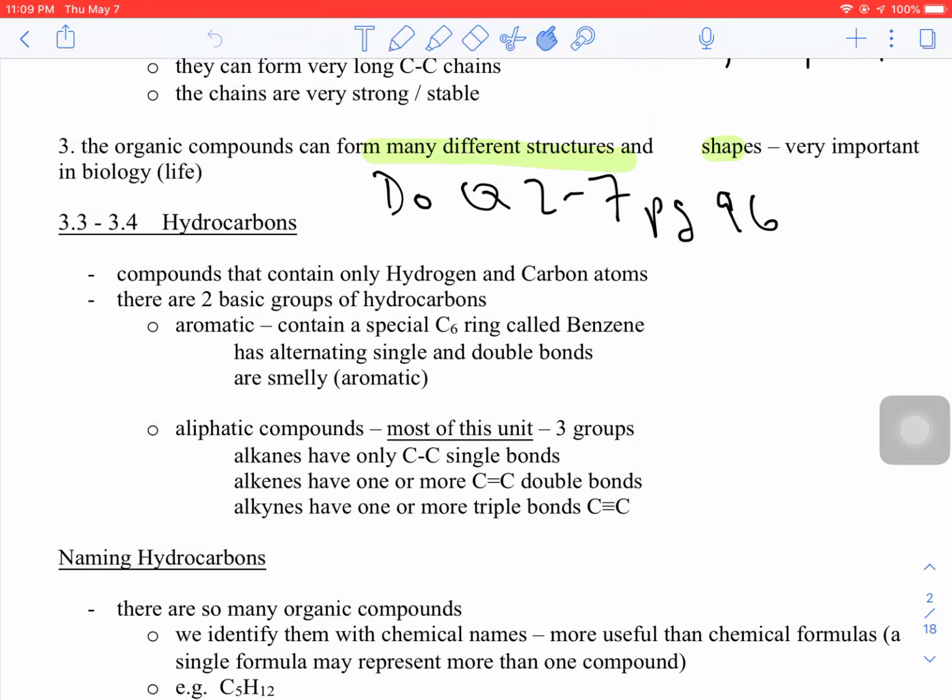We started yesterday looking at our first note, 3.1 and 3.2 note for organic chemistry, and we looked at what is organic chemistry. The textbook gives us a definition that I'm not sure I really like, but it's the one that we're going to go with.